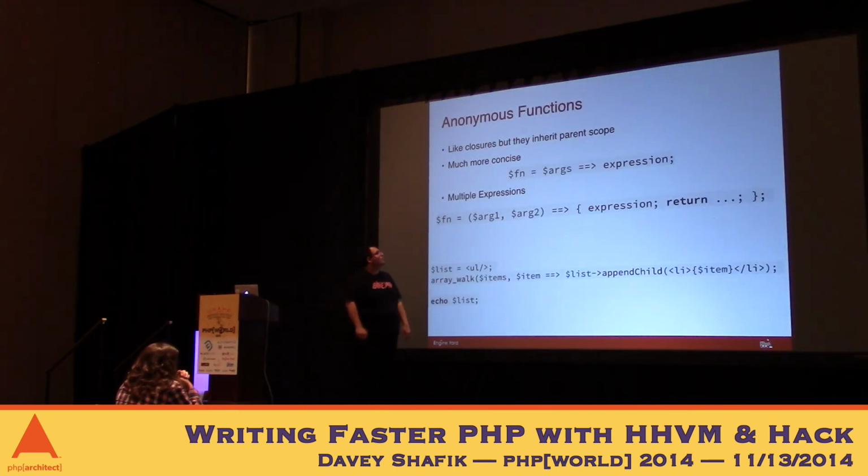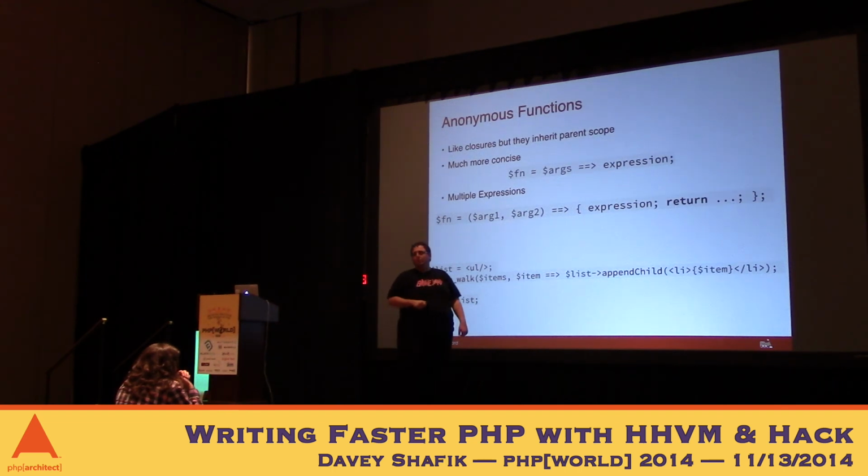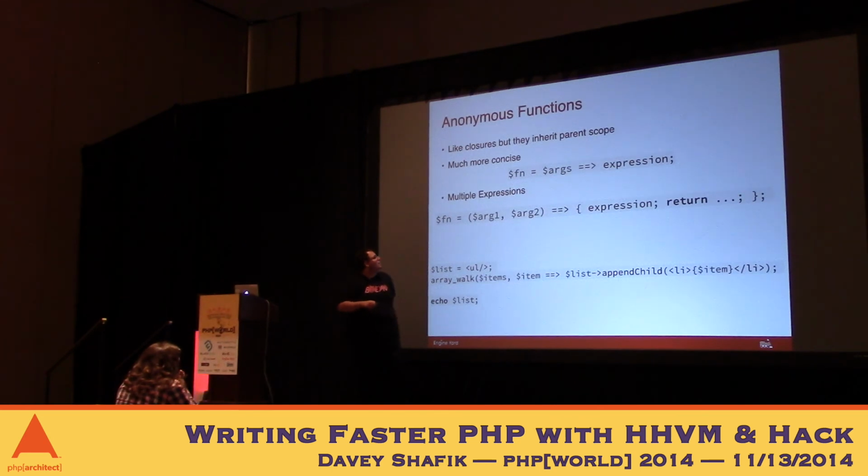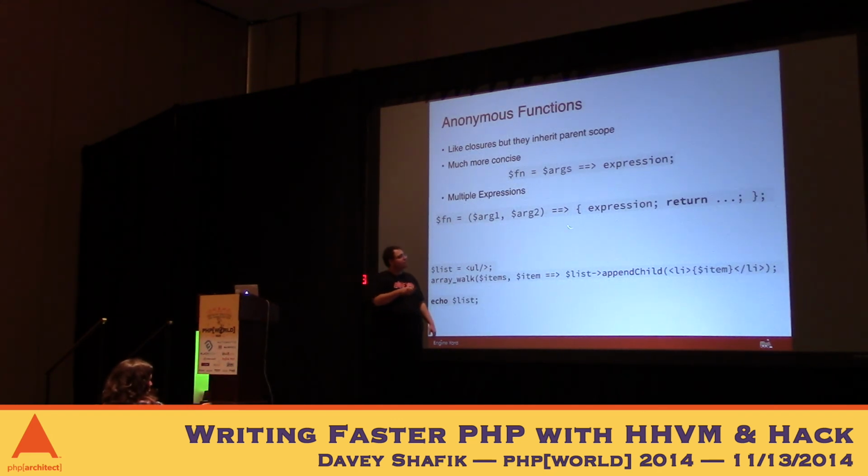This is what their anonymous functions look like, with this double equals arrow. The left-hand side is the arguments, and the right-hand side is the expression that's going to be run inside of that anonymous function. And obviously it gets assigned to fn. If you want multiple arguments, you use parentheses, and for multiple expressions you just put them inside the regular curly braces.